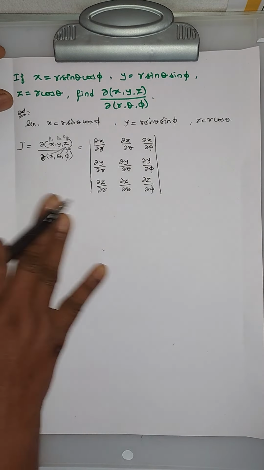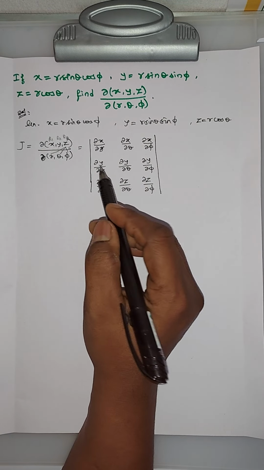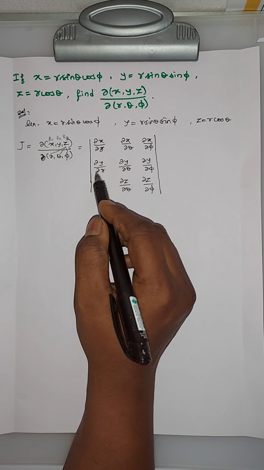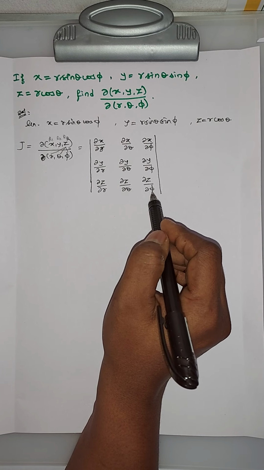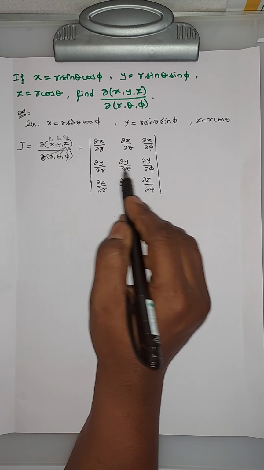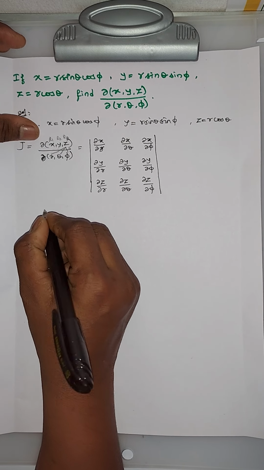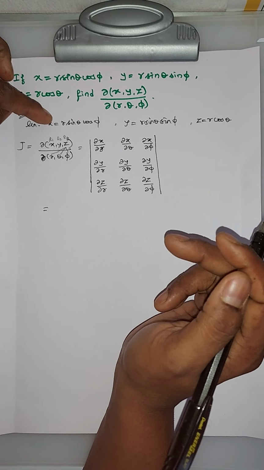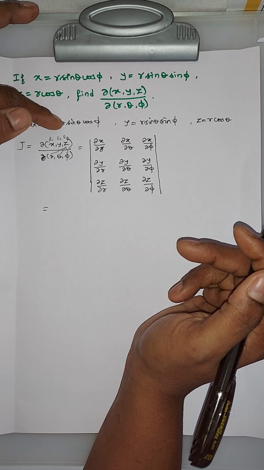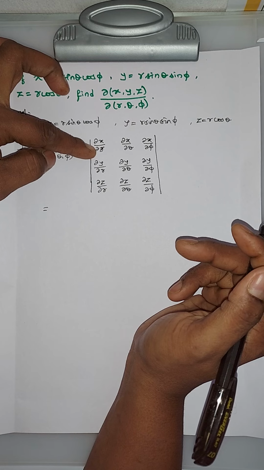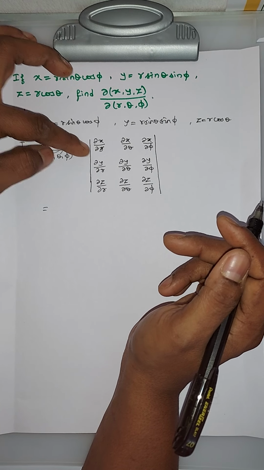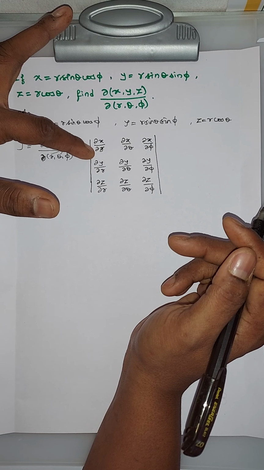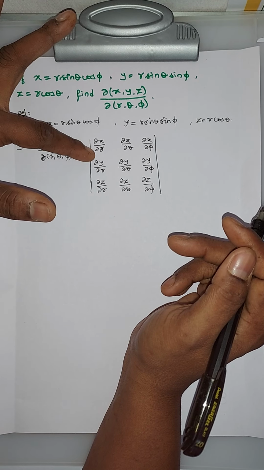Right. Now we should find the values of all these partial derivatives: dou x by dou r, dou x by dou theta, dou x by dou phi, dou y by dou r up to dou z by dou phi. Now the first element is differentiating x partially with respect to r. As we are dealing with partial differentiation, the other variables should be considered as constant.